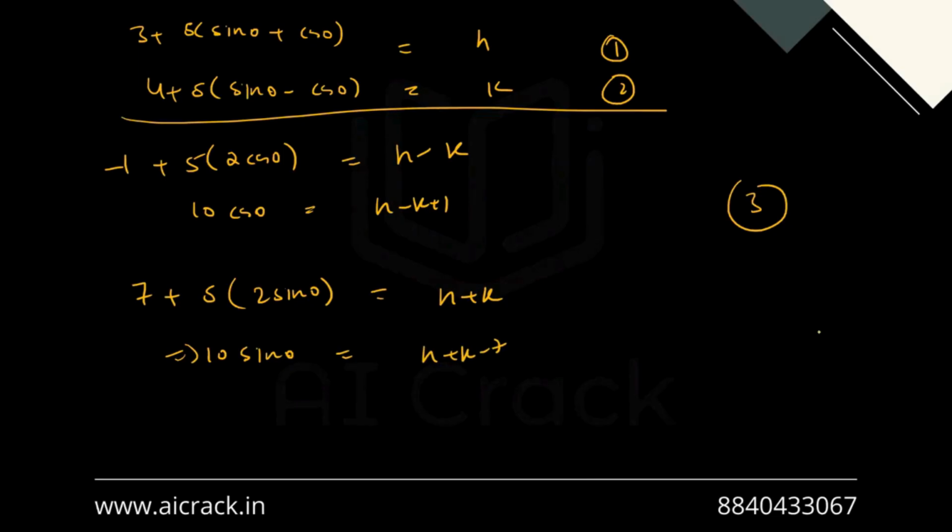If I square the third and fourth equations and add them up, I get 10 square cos square theta plus 10 square sin square theta. Taking 10 square common, sin square theta plus cos square theta is 1 only. So 100 equals (h minus k plus 1) whole square plus (h plus k minus 7) whole square.